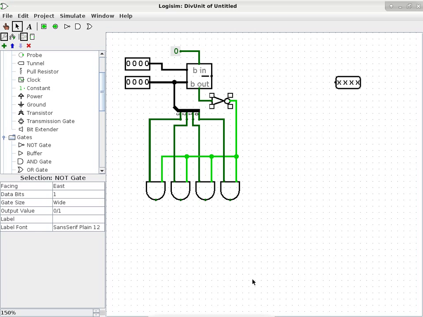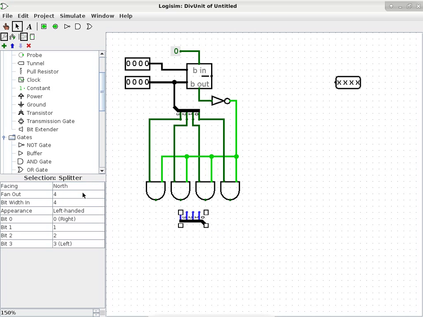After this, I'll combine the output of all the AND gates, so I will just duplicate this and flip it the other way. We'll take this over here, make it face north. Then we can combine the output of these AND gates, which is the product.